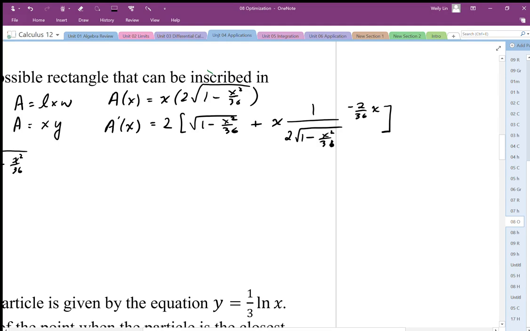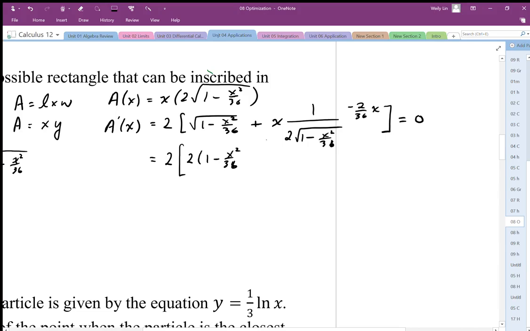Now I'm just going to need to simplify this a little bit and make it equal to 0. Since I'm going to make it equal to 0, to simplify this I'm just going to multiply everything through by the 2 square root in the bottom. So I'm going to end up with 2 times 1 minus x squared over 36.